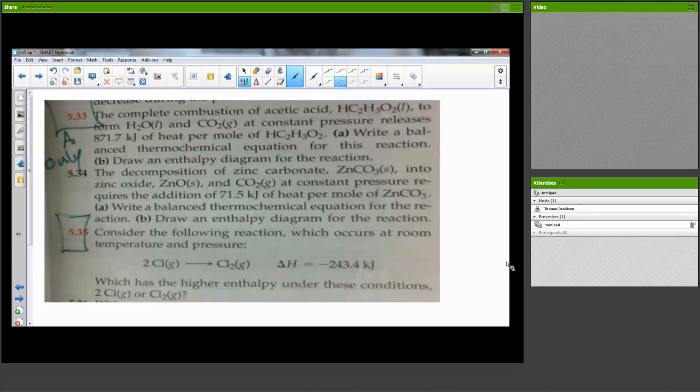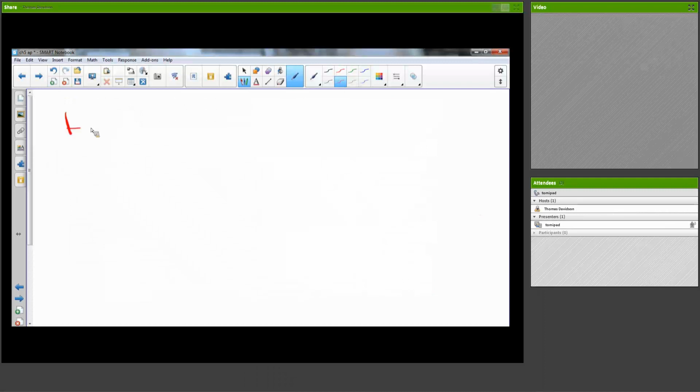Write a balanced thermochemical equation for this reaction. All right, so first off, let's write out the reaction. It's the combustion of acetic acid. So it is HC2H3O2. It's the combustion, so it's reacting with who? Oxygen produces H2O and CO2.